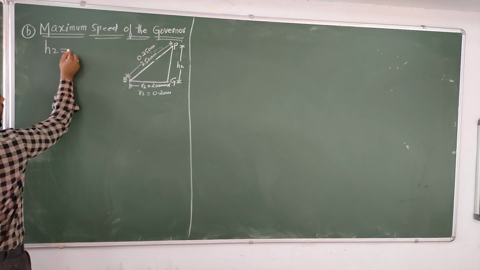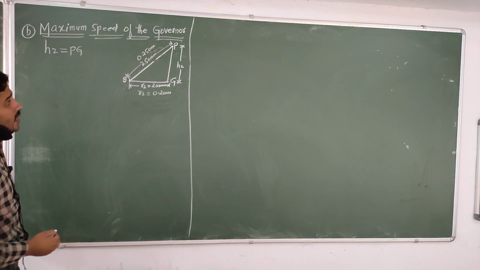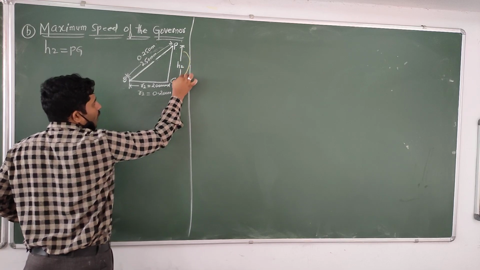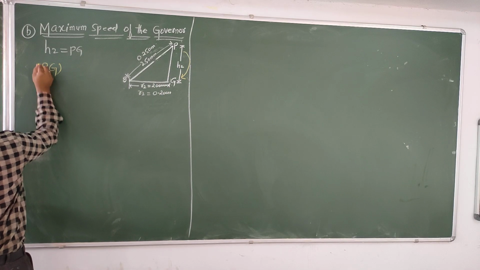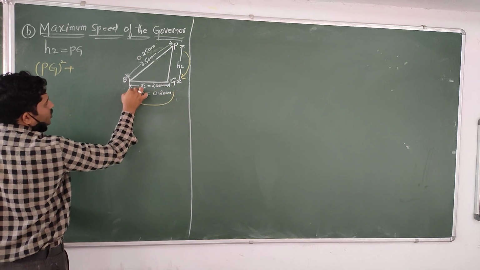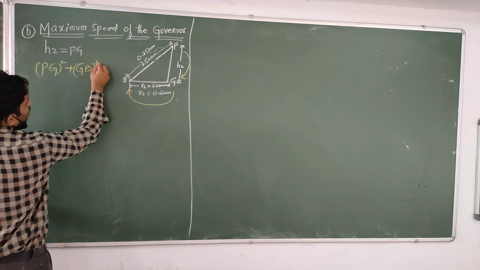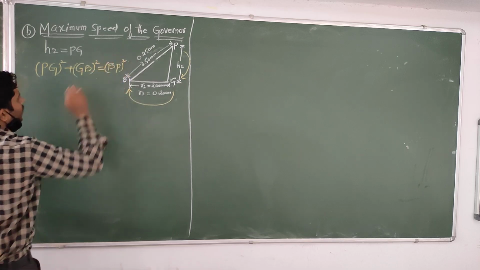Then H2 is equal to PG. We need to follow the Pythagoras theorem. PG square plus GB square equal to BP square.